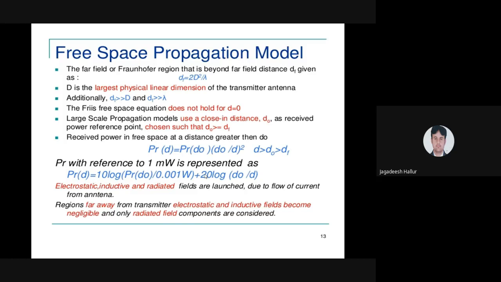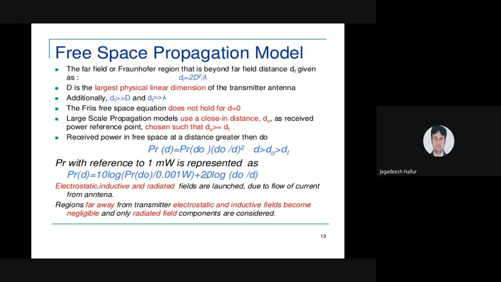D naught is nothing but the initial, starting distance. This can be represented in two terms, in 1 milliwatt or in 1 watt. The 1 milliwatt equation is PR of D equals 10 log of PR of D naught divided by 0.001 watt plus 20 log of D naught divided by D. For 1 watt, PR of D equals 10 log of PR of D naught divided by 1 watt plus 20 log of D naught divided by D.